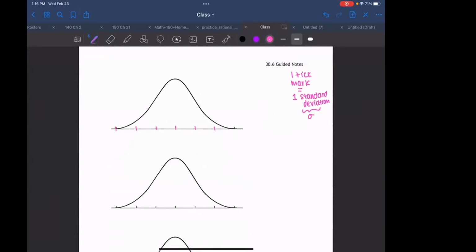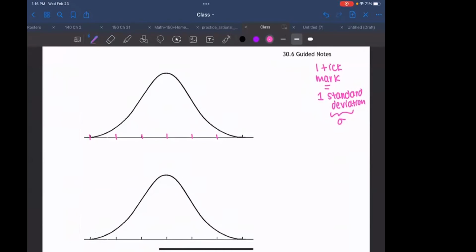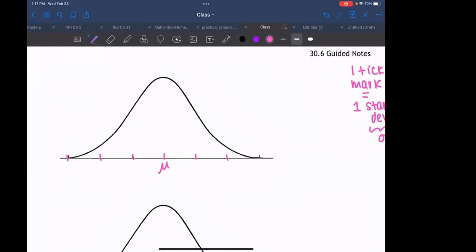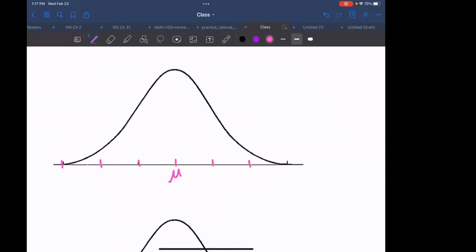So let's label this graph. Right in the middle, we know that the mean, median, and mode is right smack in the middle. I'm just going to focus on the mean for now, so I'm going to label this with my mean symbol, mu. So if the tick marks represent one standard deviation, what's the label for this tick mark?